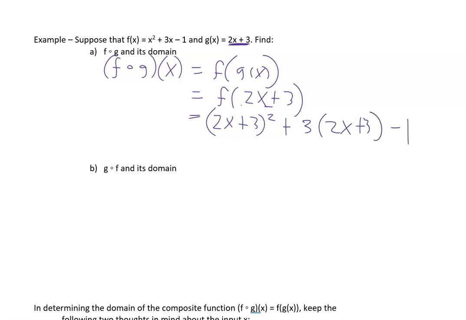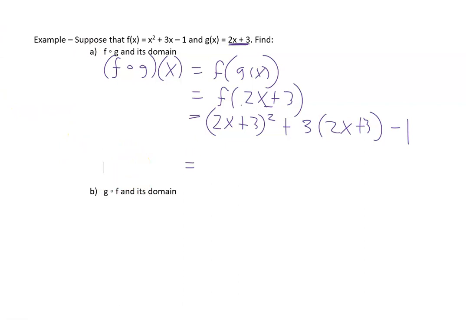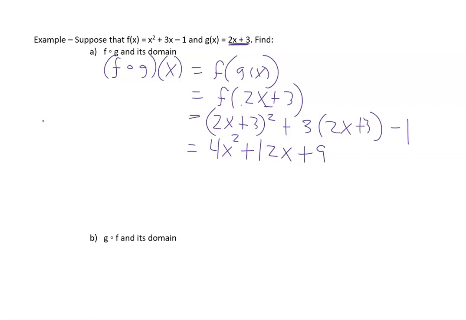minus 1. So now I'm going to use my special product rule to be able to square 2x plus 3. Special product rule says square the first term, so 2x squared would be 4x squared. Then we're going to take the product of the two terms, so 2x times 3 is 6x, times 2 is 12x. And then we're going to square the last term, so 3 squared would be 9.